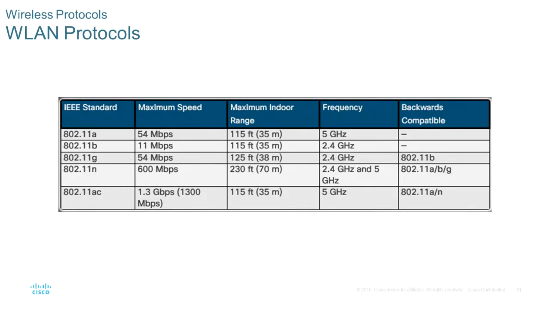A, B, G, N, AC, and all the others that are now coming out that are even faster will have an 11 something. As you can see there, we have 2 main frequencies, 2.4 and 5 gigahertz.